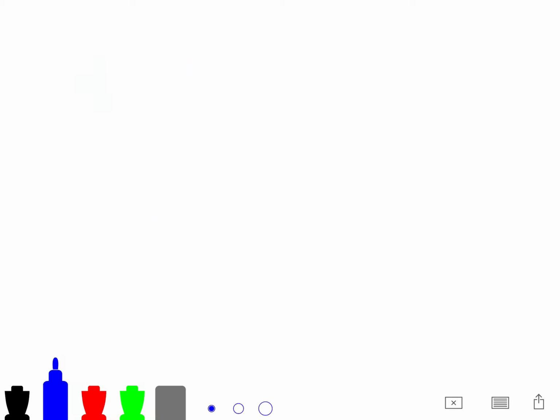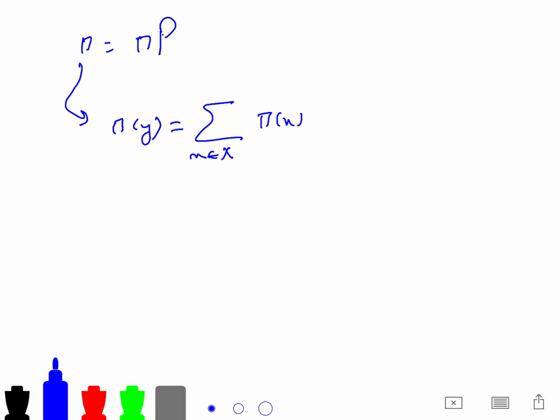And the notion of stationary distribution, as I said, is just pi P equals pi, the long-term limiting distribution. We rewrite it element-wise. Whatever we do in linear algebra, you can do element-wise. That may look complex, but it's just the element-wise interpretation of whatever you do in linear algebra.